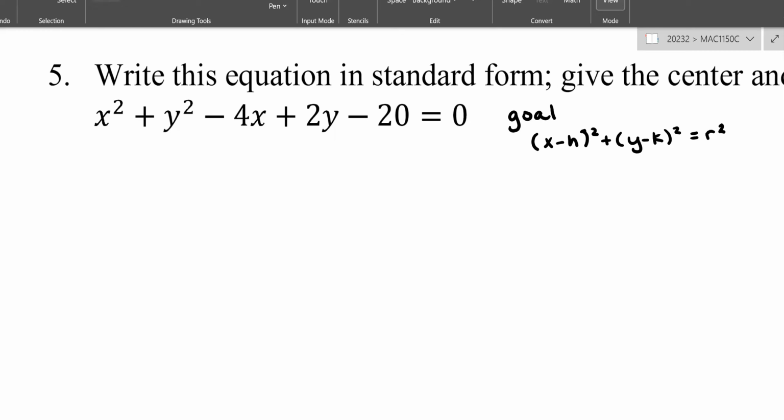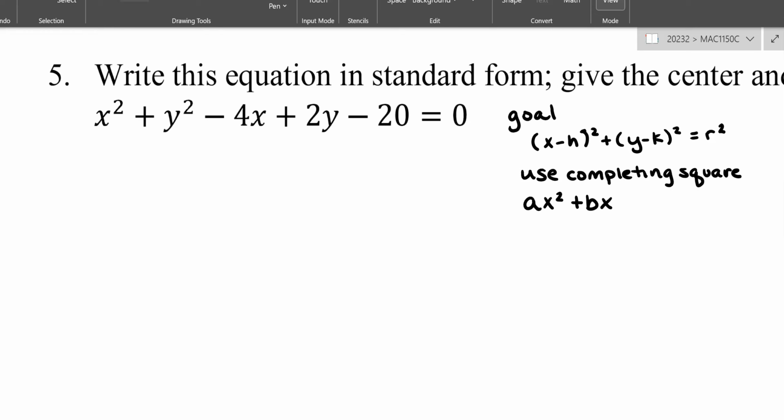So for this guy, what we're going to do is use completing the square. Remember, everything comes back in this class. So for completing the square, we had this rule. I'm just going to write it real quick.